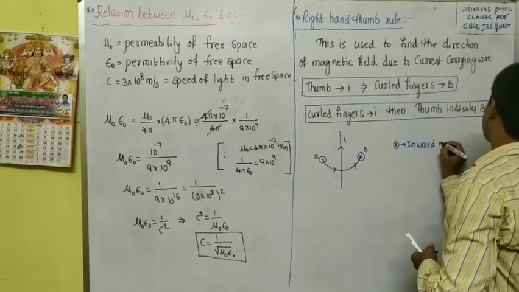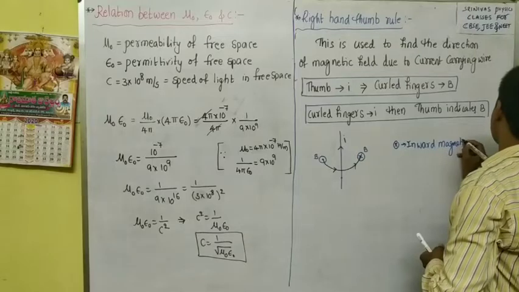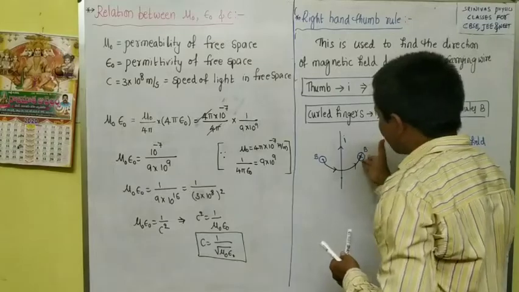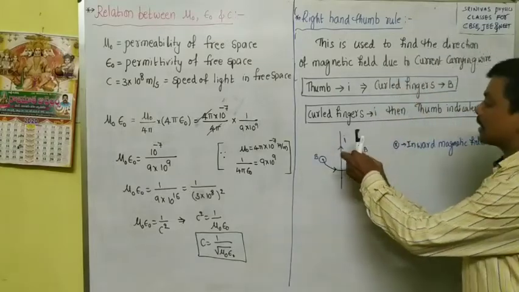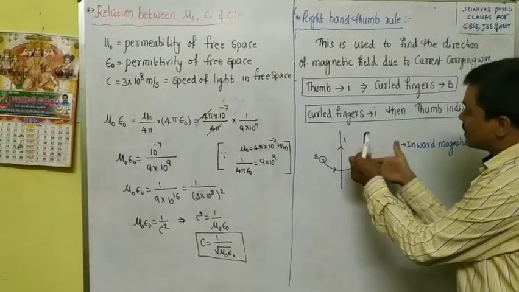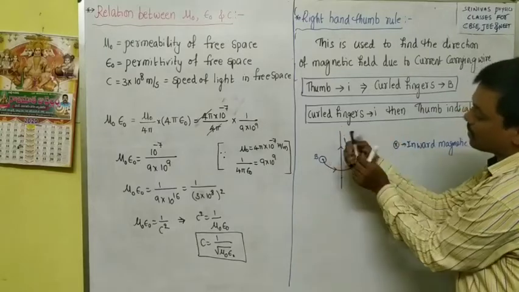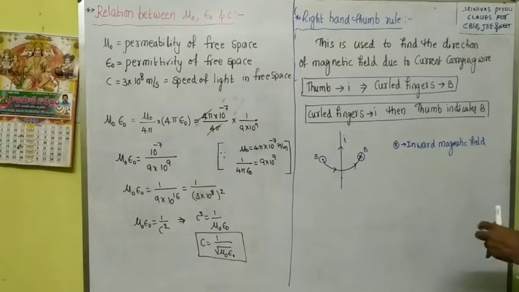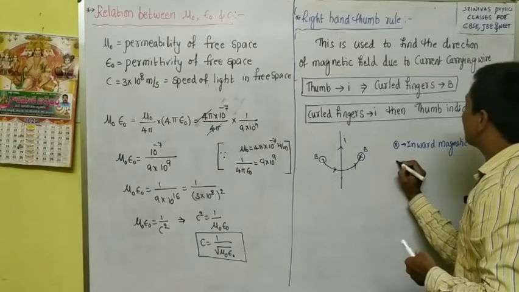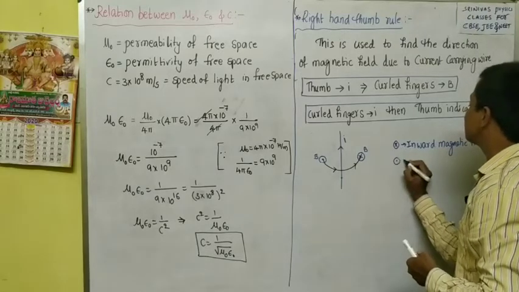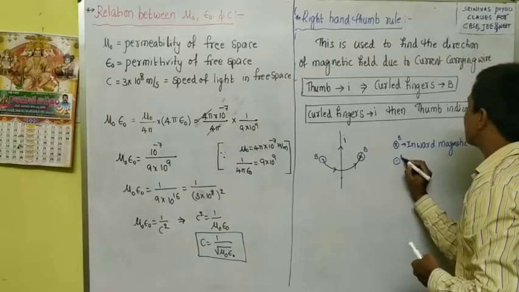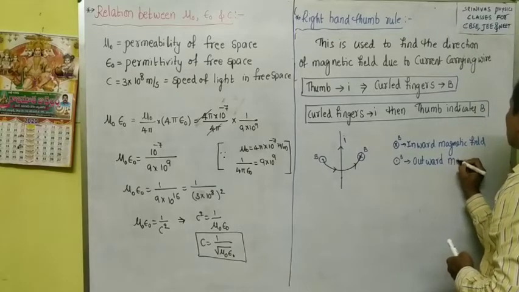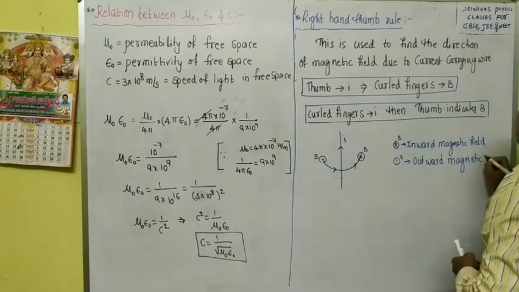Look at the pen: current is upward, thumb upward, this side entering and this side coming outward, the curled fingers. That's why this side is an inward magnetic field and this side is an outward magnetic field.